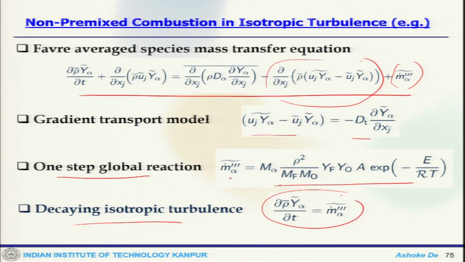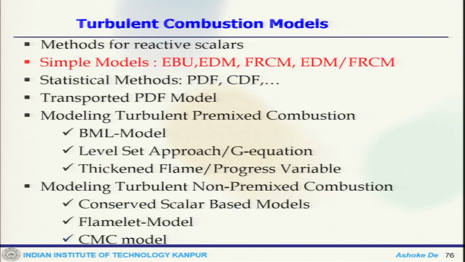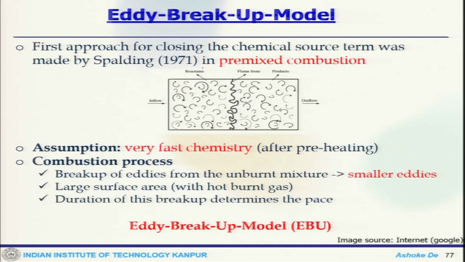That is just an example. So here the closure by mean values does not work, so we have to think about something else. Now we can look at some of these simple models and see how they are derived.